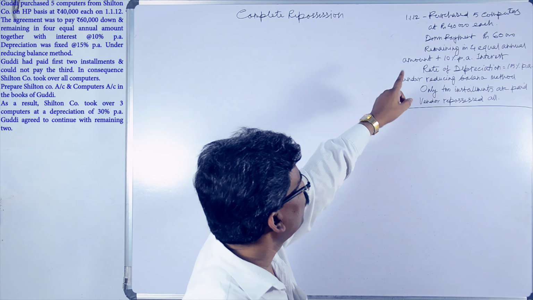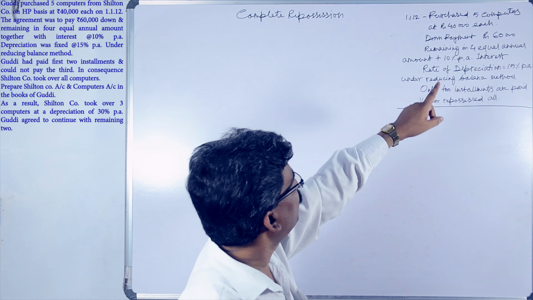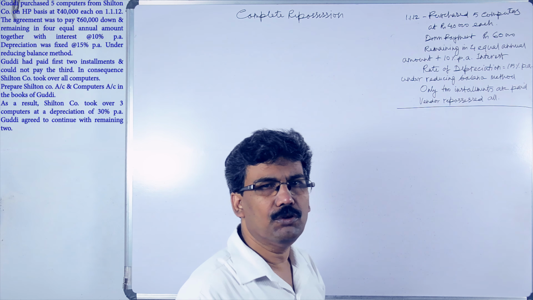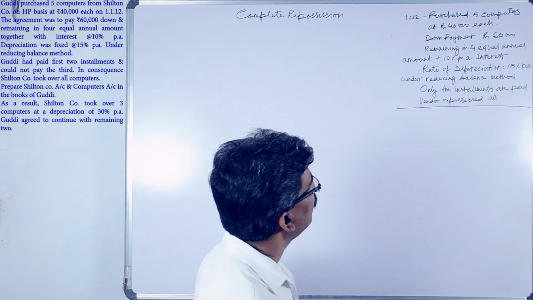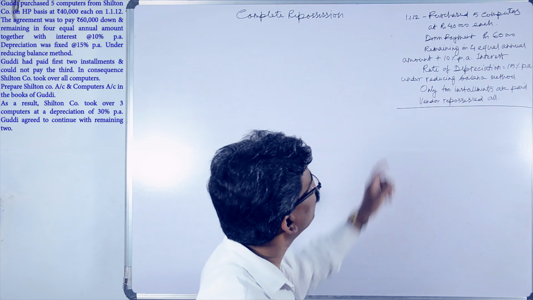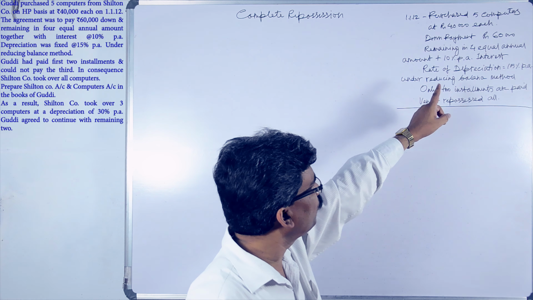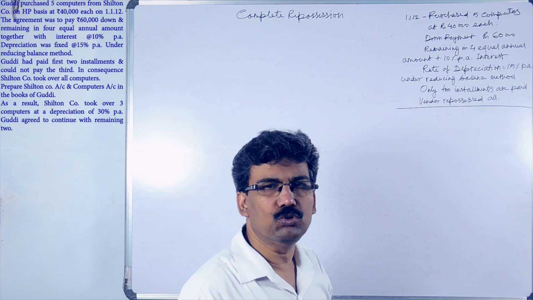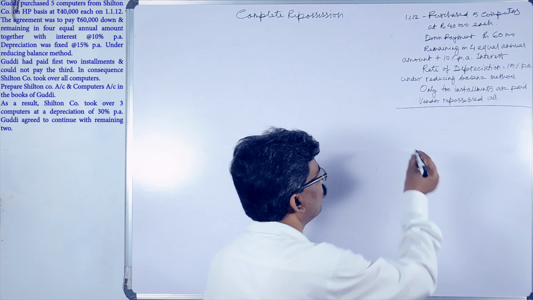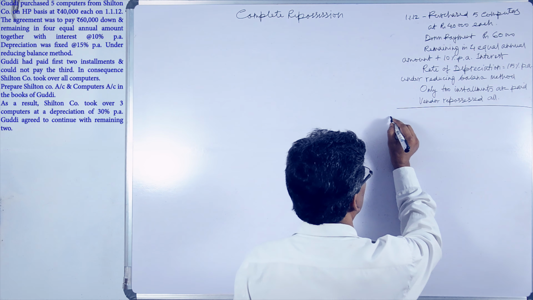On 1/1/2012, Gooddeep purchased 5 computers of rupees 40,000 each. Then and there, Gooddeep paid 60,000 down payment. The remaining is to be paid in 4 equal annual amounts. Then how much is to be paid as principal amount in each installment?